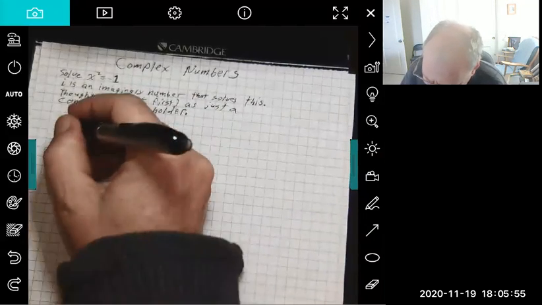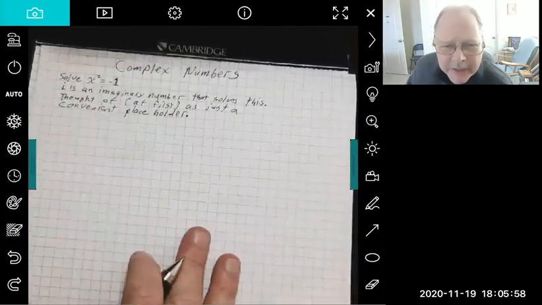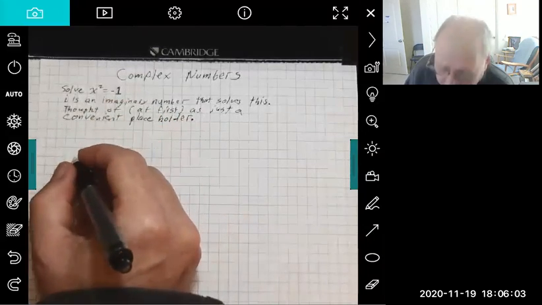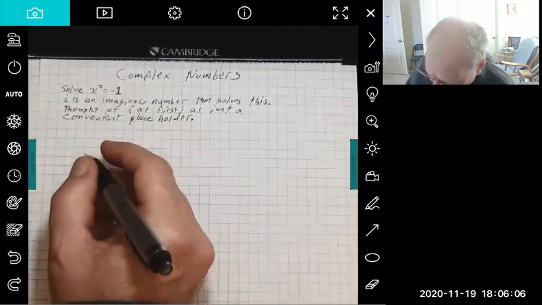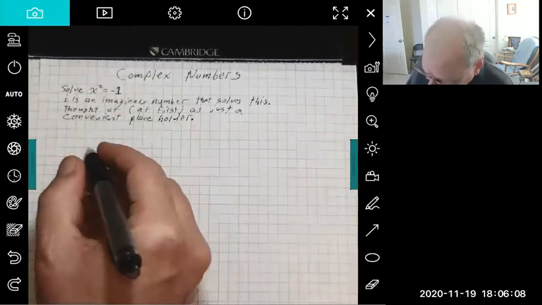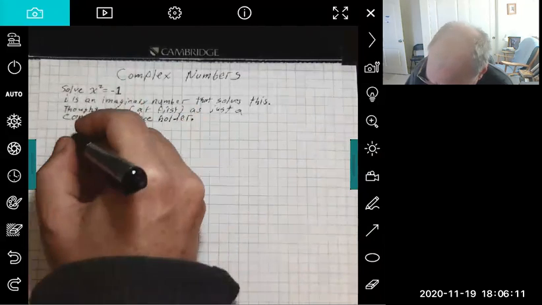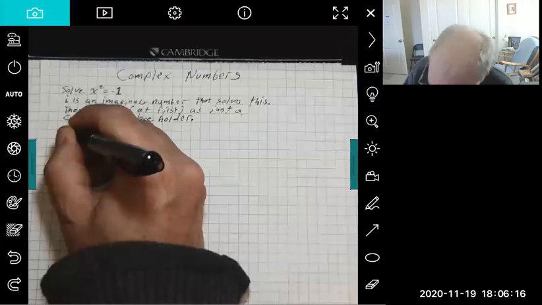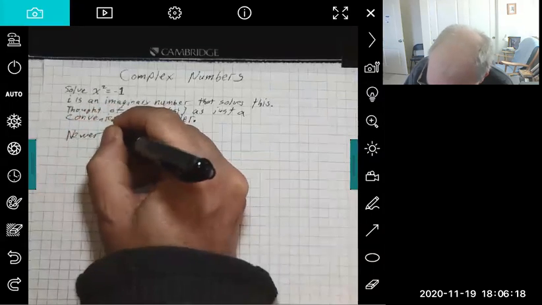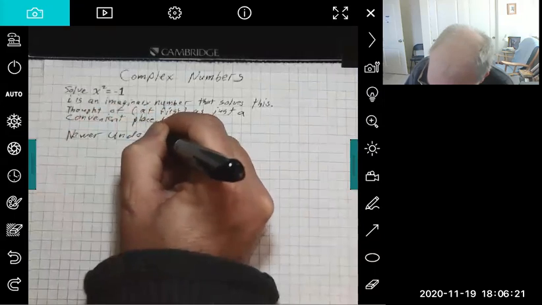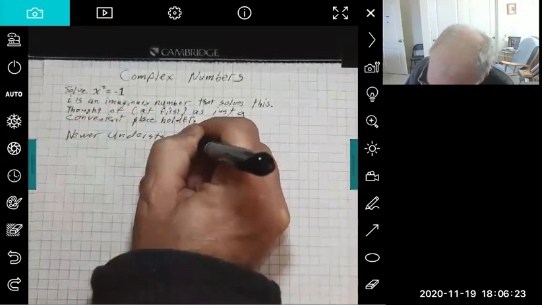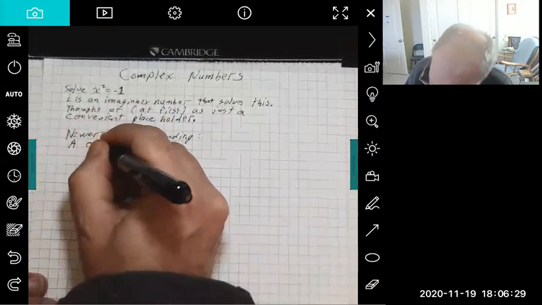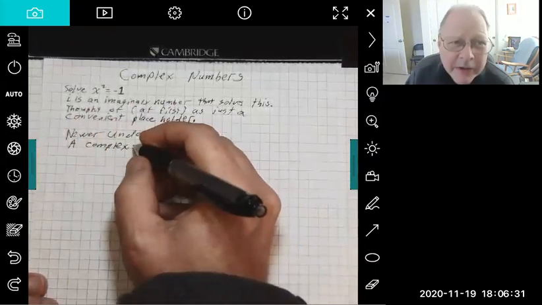But there's a geometrical picture. It came much later where you can give this a real concrete kind of meaning. The newer understanding is a complex number is a pair of real numbers.